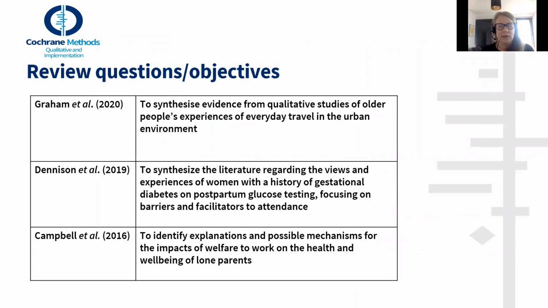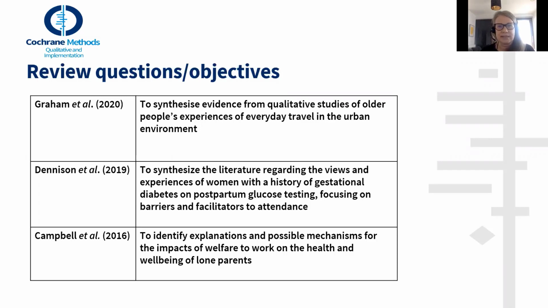So looking at review questions and objectives, because these are so important anchor points in the review and to any thematic synthesis, you can see there the different review objectives across those reviews. So as I said, the first review is just focusing on people's experiences of travel, particularly in the urban environment.